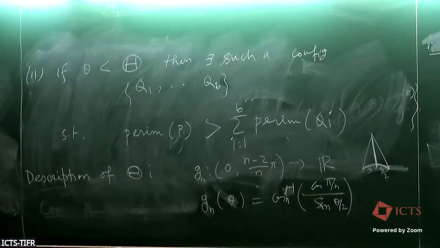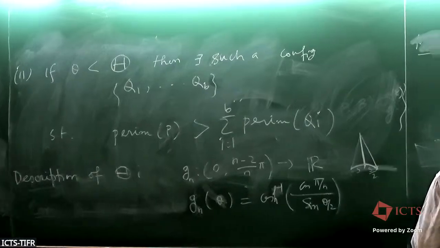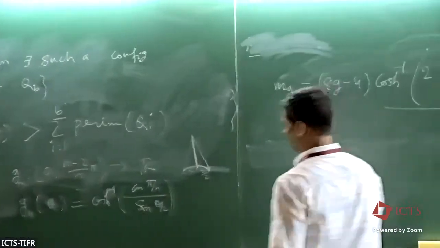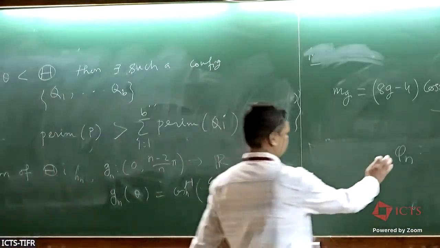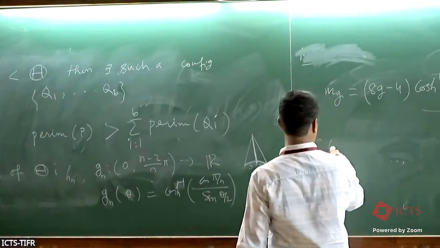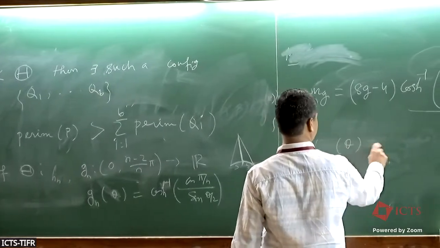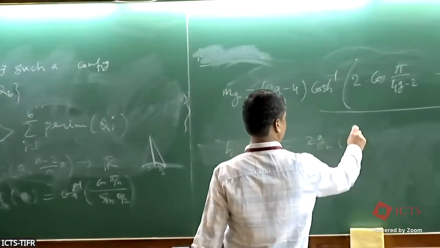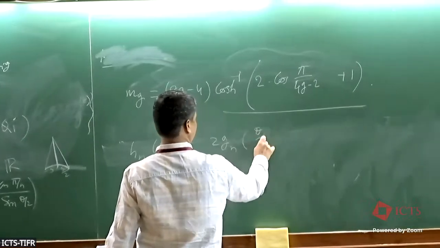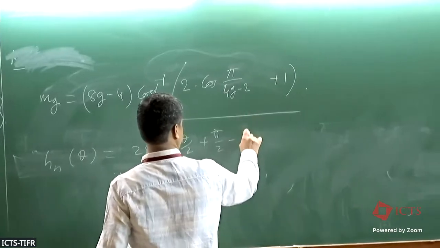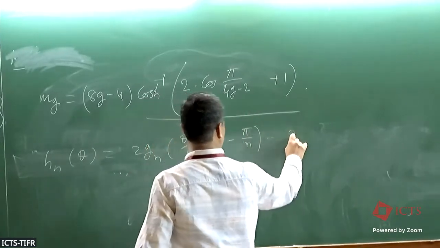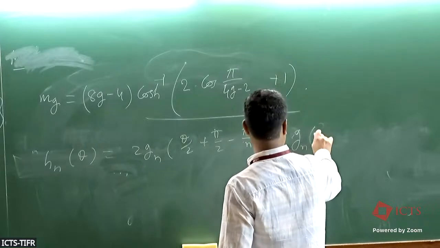Now we define another function, phi n, defined on the same interval. It is defined by phi n of theta equal to 2 gn of theta over 2 plus pi over 2 minus n pi over n minus gn of theta.